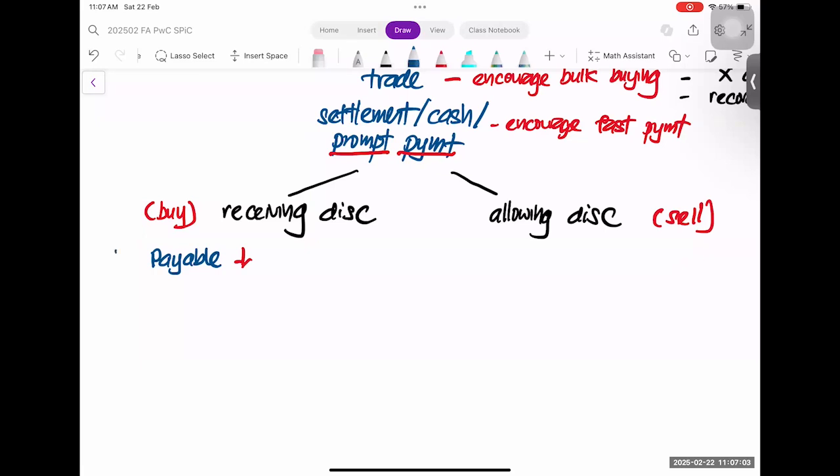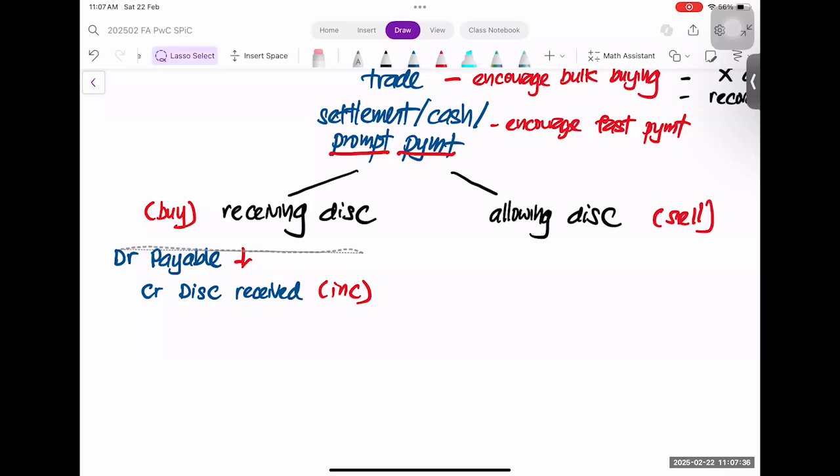So therefore, I will debit payables to reduce my liability. And what do I credit? I credit what we call the discount received account. This account is an income. And income is credit. So therefore, to record an increase in income, I credit it.